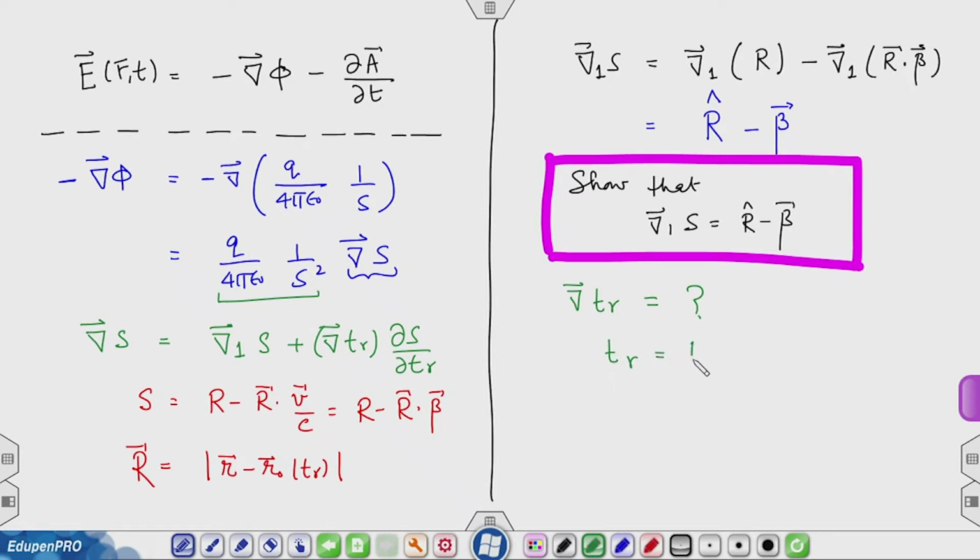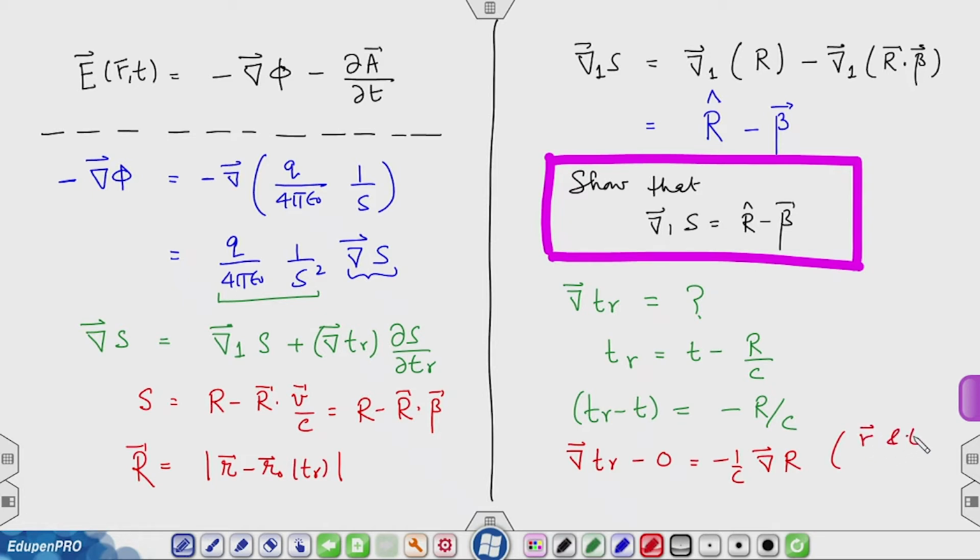So, TR is T minus R over C, and therefore, TR minus T is equal to minus R over C. When I apply grad operator on this, I am going to get grad of TR minus 0, because T and R vary independently, is equal to minus 1 over C grad of R. R and T are independent.